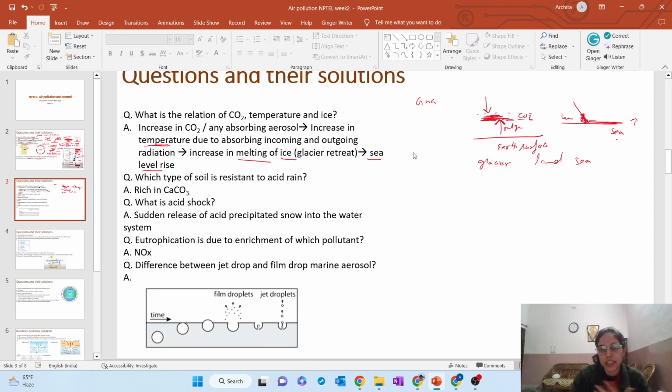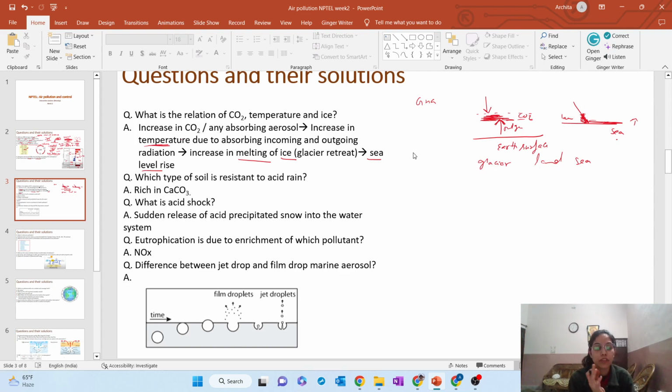Now after this discussion, these air pollutants are not confined to the air only. They also affect the soil, they also affect the water bodies, they also affect the marine habitat. So we'll discuss that too.